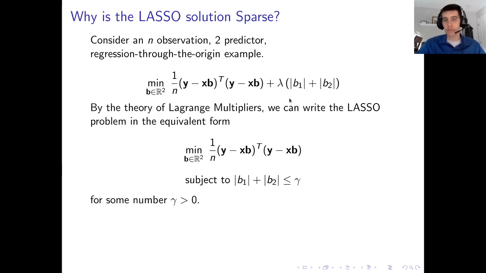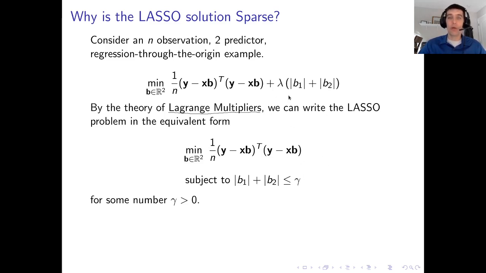Okay, so in your vector calculus class, you saw, or I hope you saw, the theory of Lagrange multipliers. And without going into the weeds, Lagrange multipliers allow you to write penalized problems as constrained problems and vice versa. So it allows a translation between a penalized problem and a constrained problem.